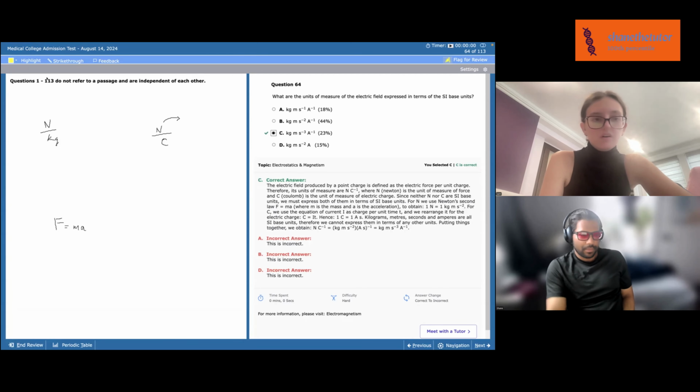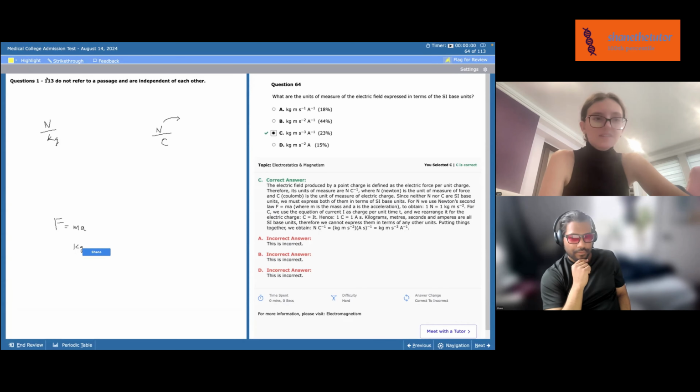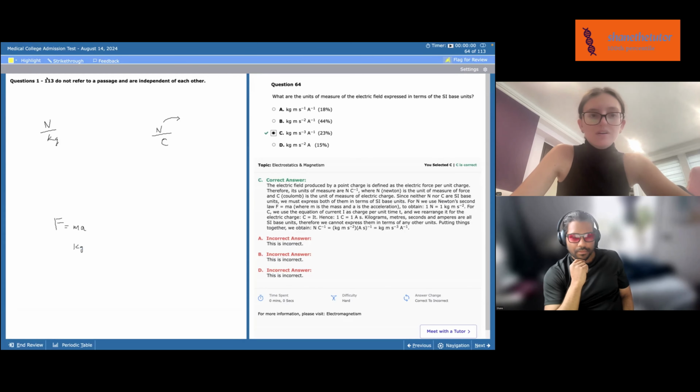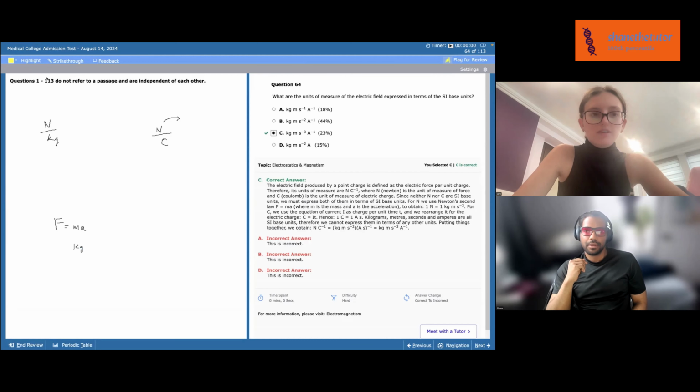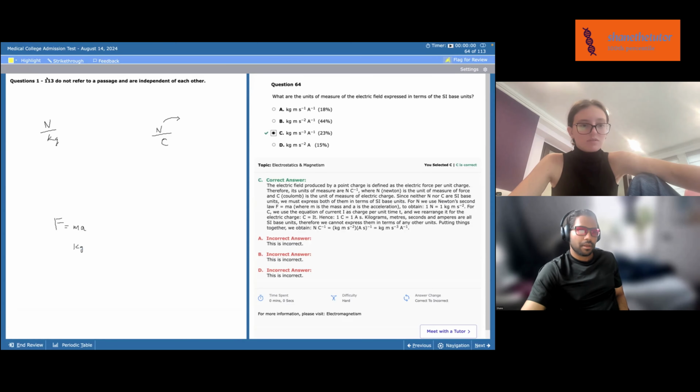Kilograms per? Since when is acceleration in terms of, wasn't it always meters per second squared? I can't remember when we were looking at it and it was different.